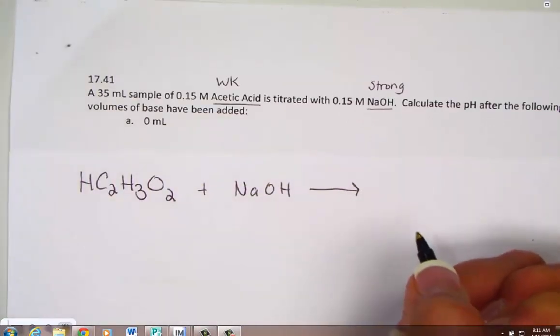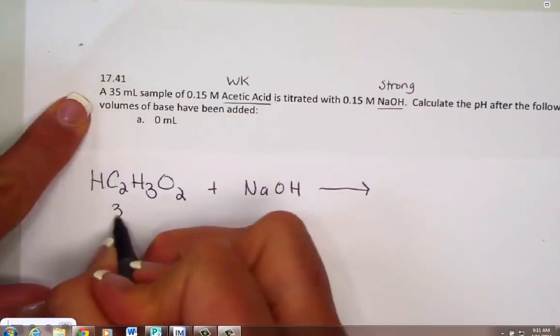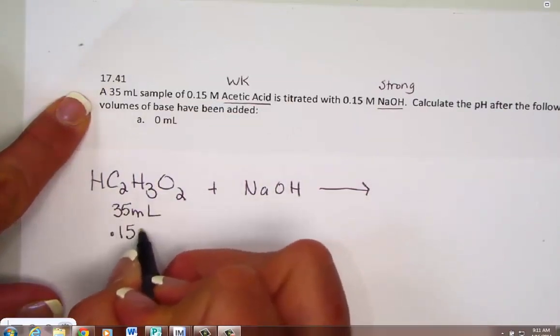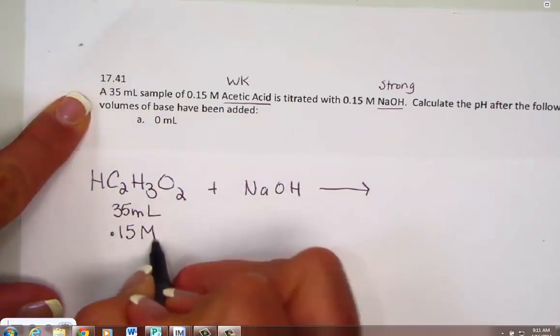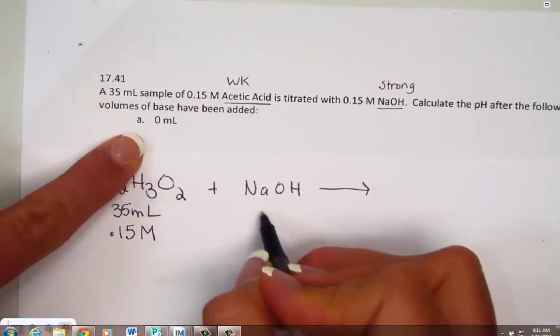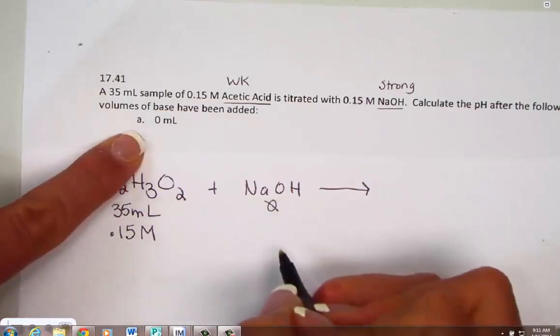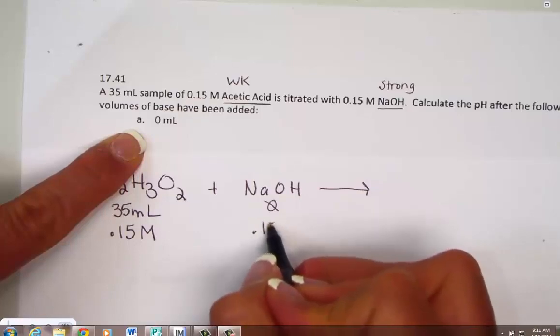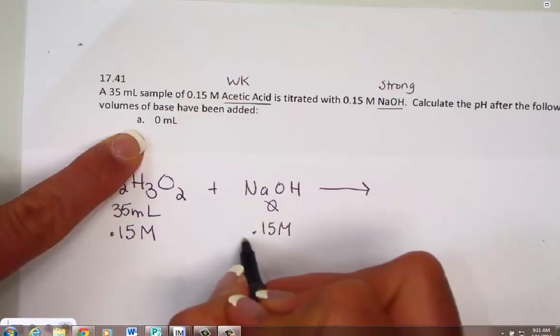Alrighty. What we have is 35 mils of an acid with 0.15 molar concentration. We have 0 mils of the base being added. It's also at a value of 0.15 molar units.